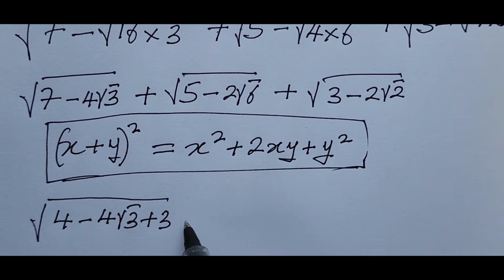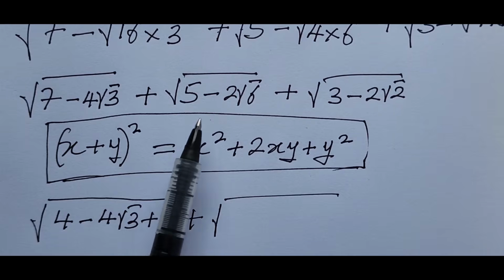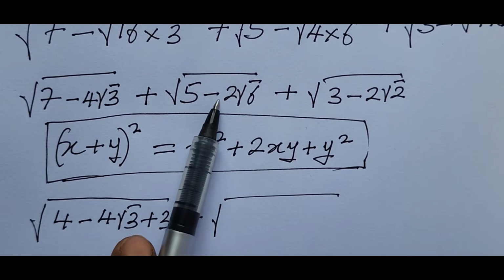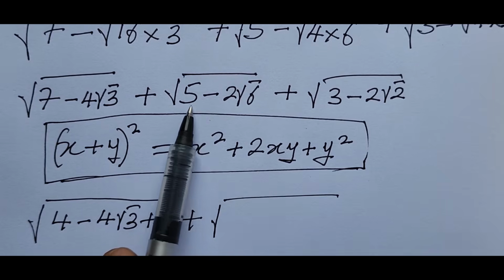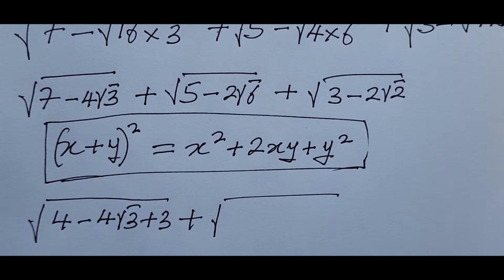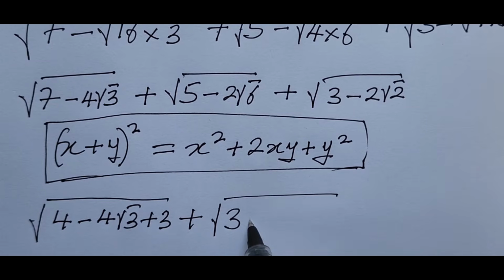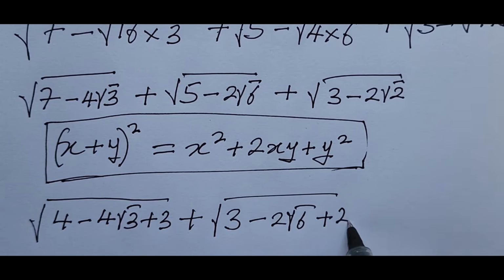Then plus, we go to the next one here. We have our 5. Rewriting this might give you some challenge, but I'm going to tell you what to do here. Our 5 could be written as 3 plus 2, right? So here we have 3 minus 2 root 6, then plus 2.